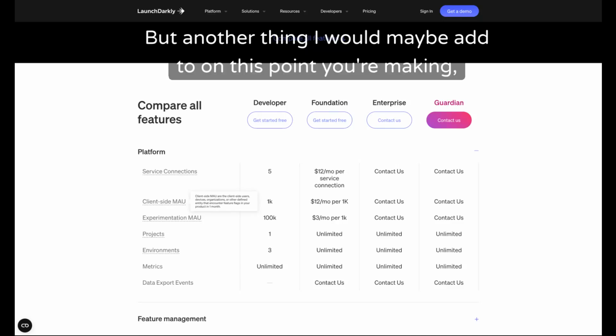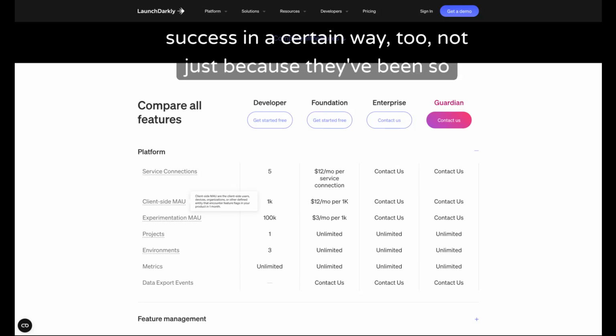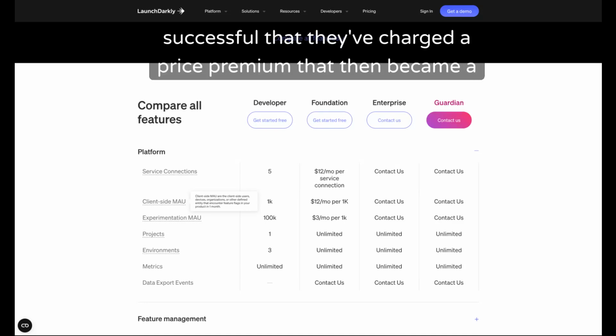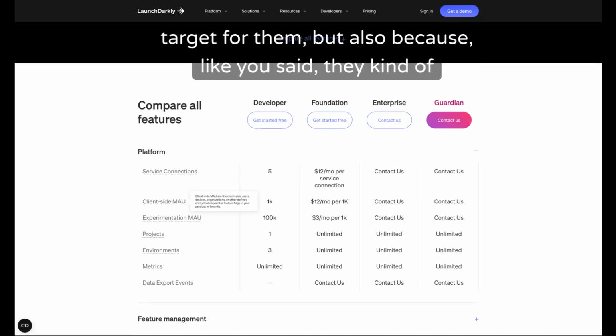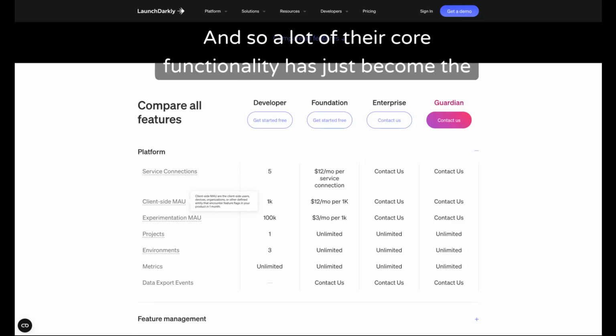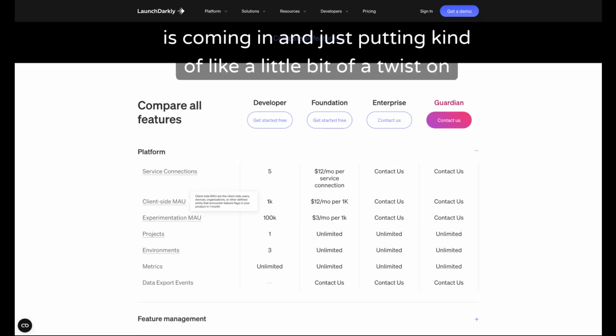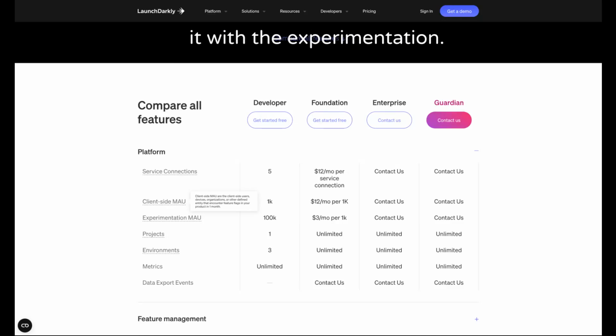But another thing I would maybe add on this point you're making, Finn, is that LaunchDarkly has been a victim of their own success in a certain way too, not just because they've been so successful that they've charged a price premium that became a target for them, but also because, like you said, they established this feature flags as a service category. So a lot of their core functionality has become the standard, right? And so a company like Statsig is coming in and putting a little bit of a twist on it with the experimentation.